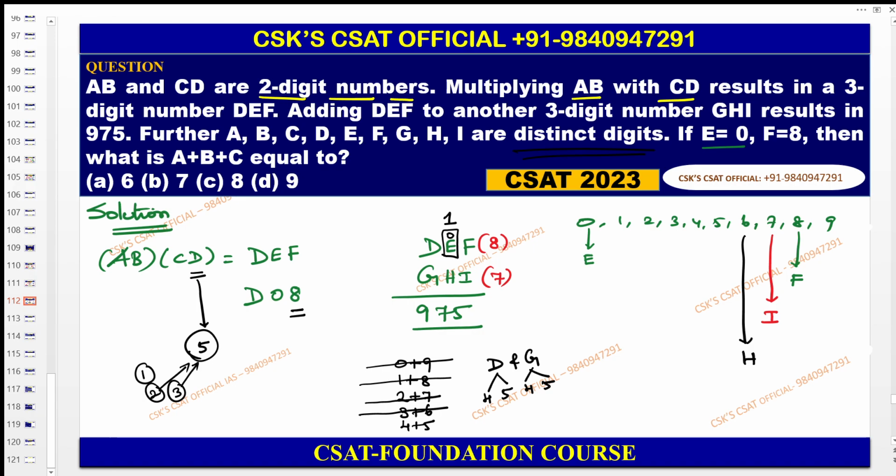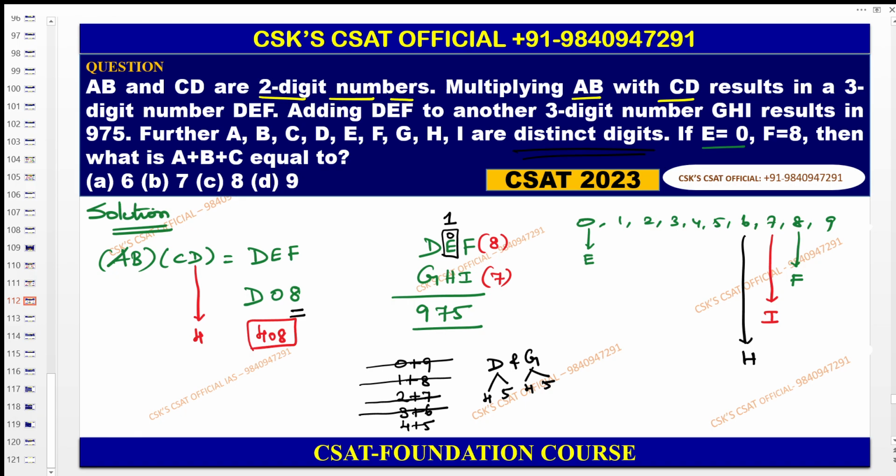So now if you are taking a 4 here, then also 0 is the digit, right? That is the unit place. So therefore you can't place 5 in the D's position. So with this you can say comfortably that D is nothing but 4. So it is in the format of 408.